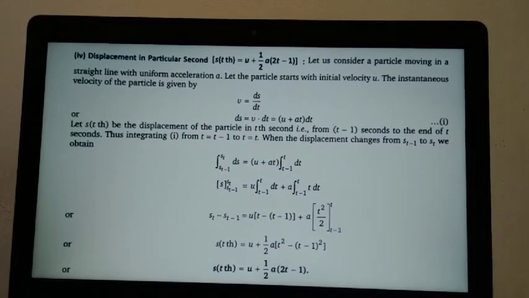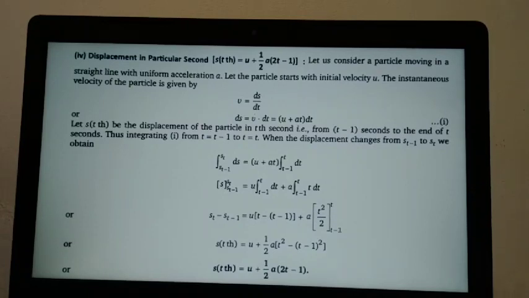When you have (t minus 1) square, that is t square minus 2t plus 1. That is multiplied by a negative sign outside. So in the square bracket it will become t square, which is already there, minus t square plus 2t minus 1. Are you getting that? In the second integral, in the square bracket you have t square minus (t minus 1) whole square.